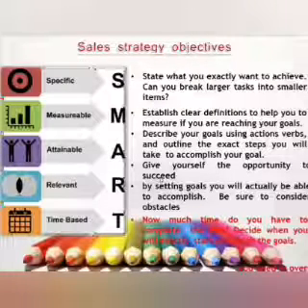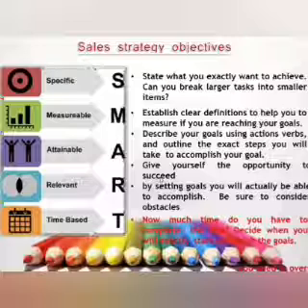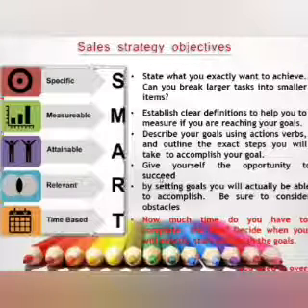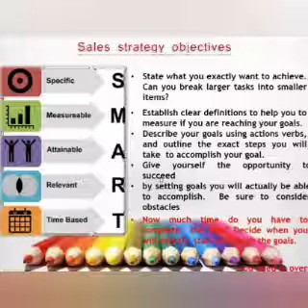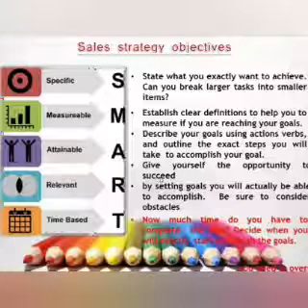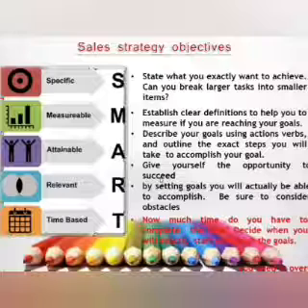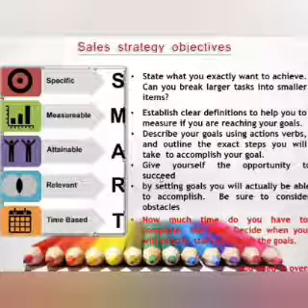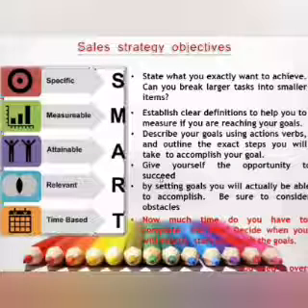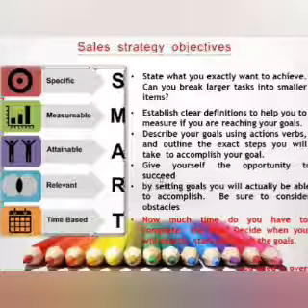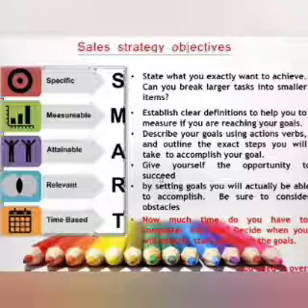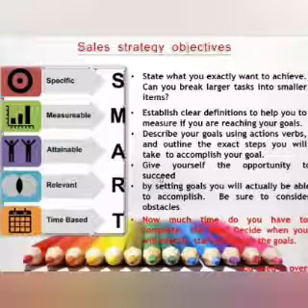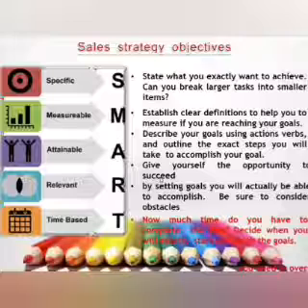So if we are going to design a sales strategy, we have to take into consideration these words, that is SMART: specific, measurable, attainable, relevant, and time-based. If we use these words in our strategy, we can definitely design a good strategy for our products and for our company, or for our territory, because this strategy is territory based.